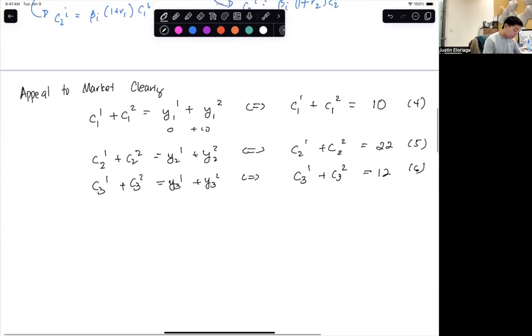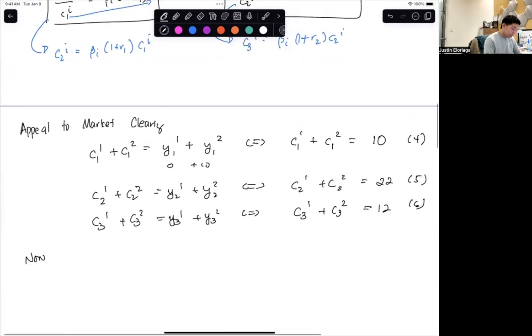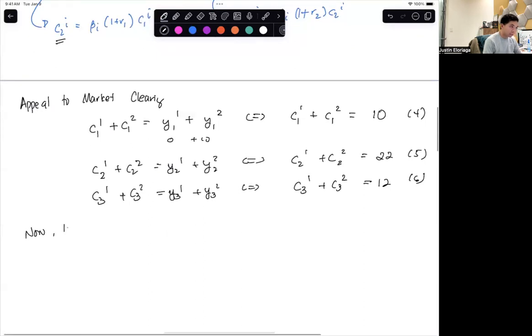So now, notice we have C2 and we have C3, right? Now let me use C2. Let me use number 5. I know that C21 plus C22 is equal to 22, right?